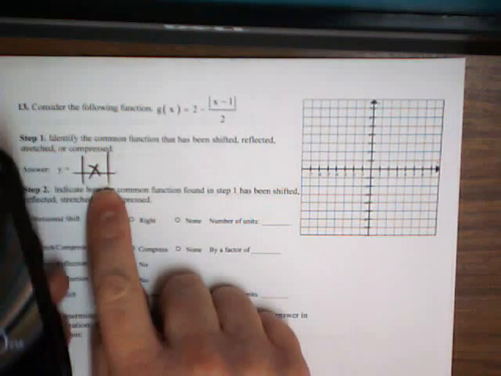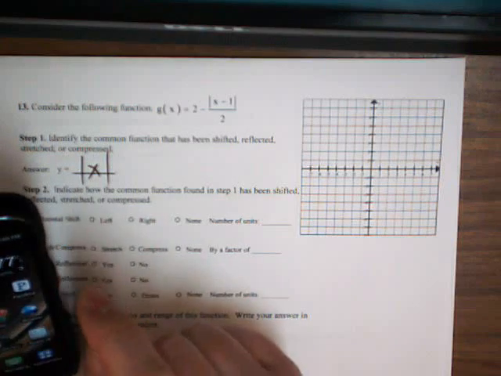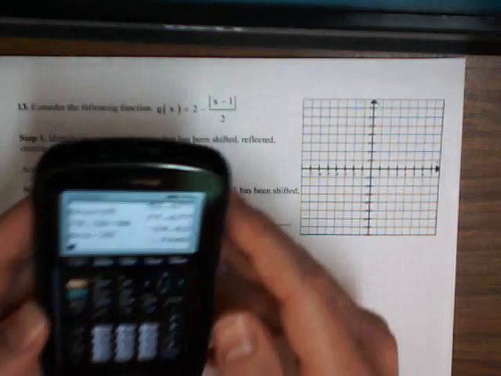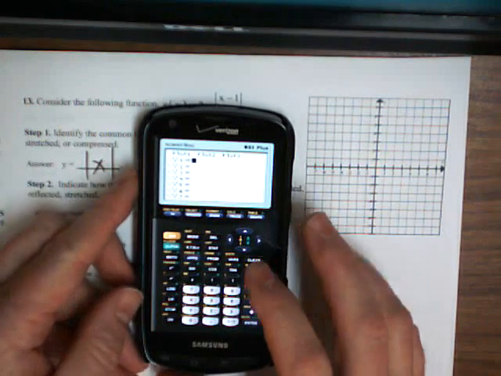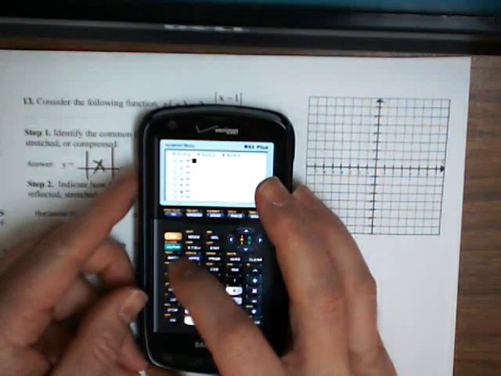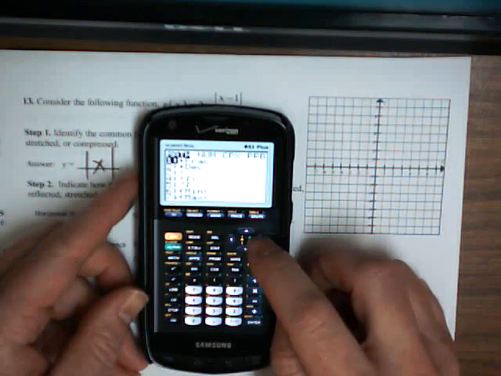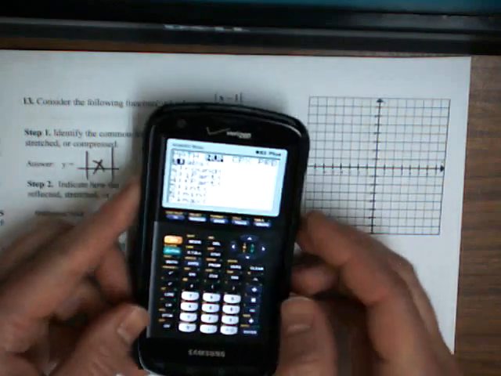So here's what I'm going to do. I'm going to graph this. And hit y equals, absolute value is under math, num, and it's the first one here.